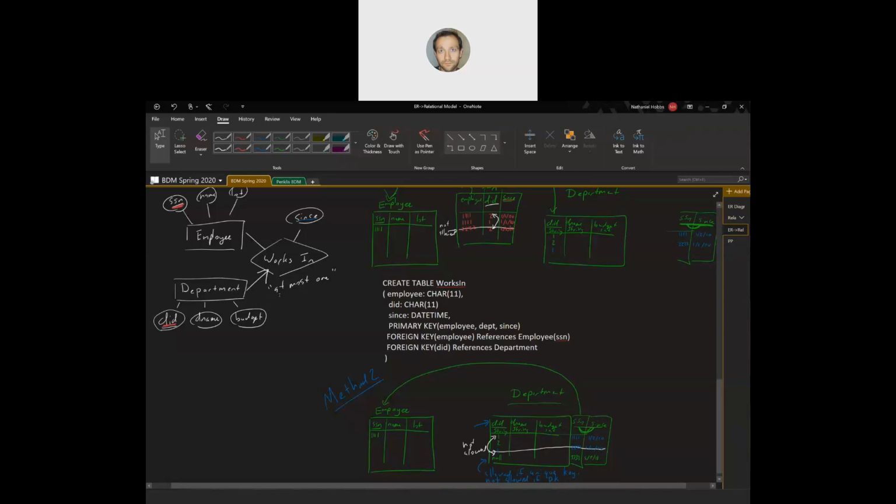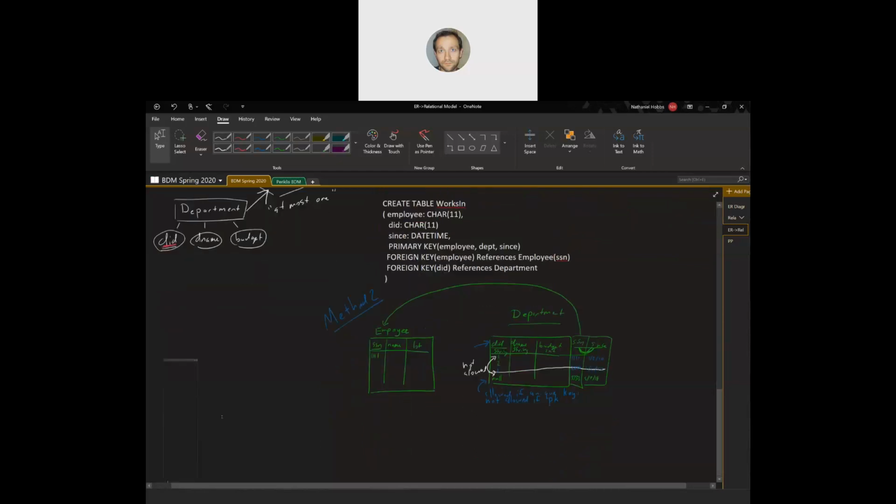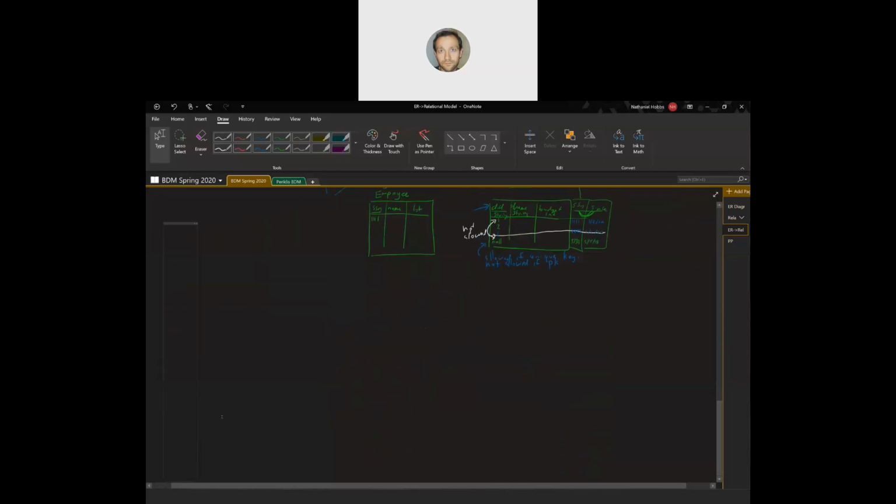Okay, so this one. Well, I don't really want to say that things are easy per se, but I'll move on to another example.